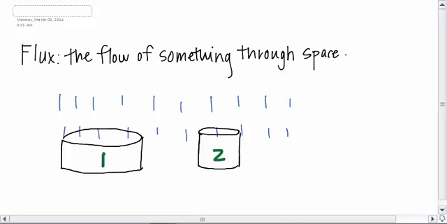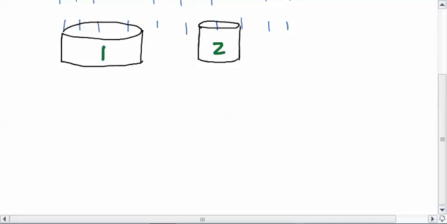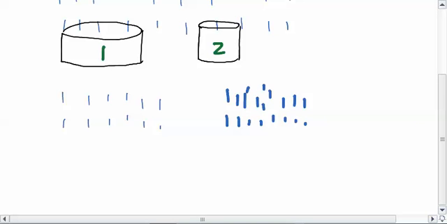Now, what about if I have the same raindrops? Well, I have some raindrops here. And then maybe somewhere else, we've got these raindrops. These are the raindrops falling.